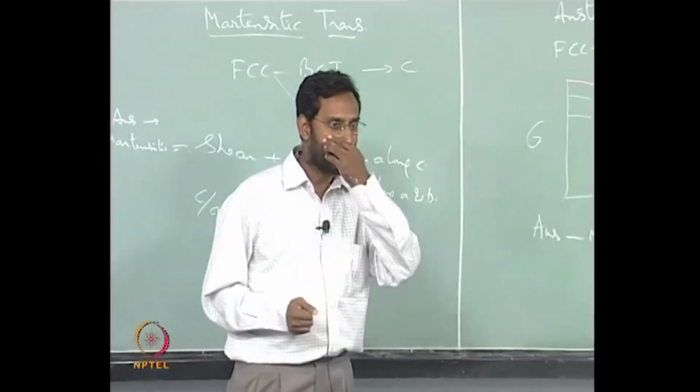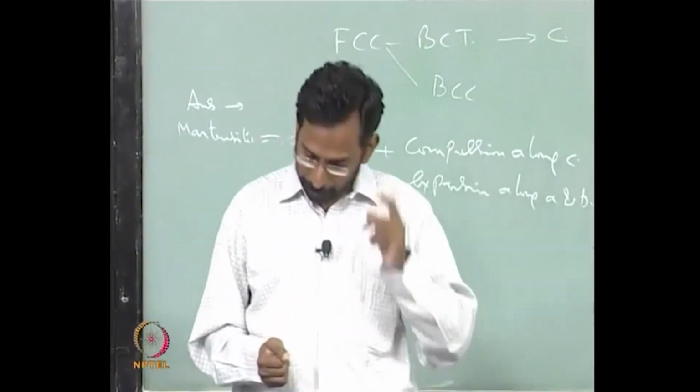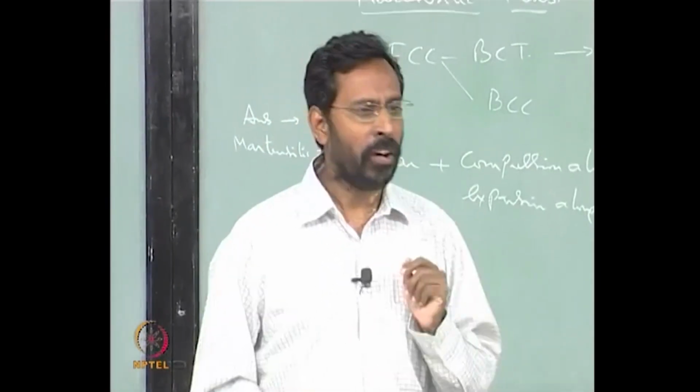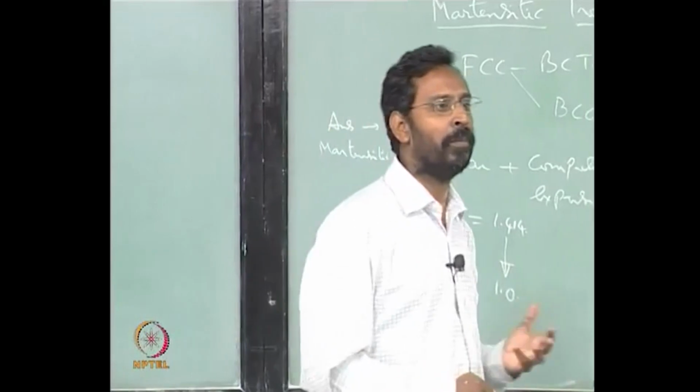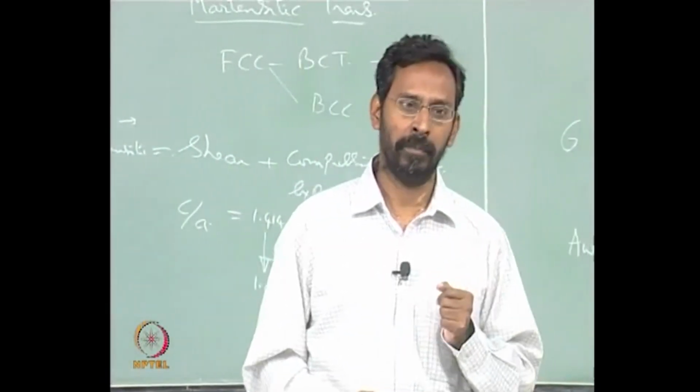But in terms of free energy effect, whether it is tensile or compressive, correct. This is an important point. Any stress in principle should raise the free energy of a system.